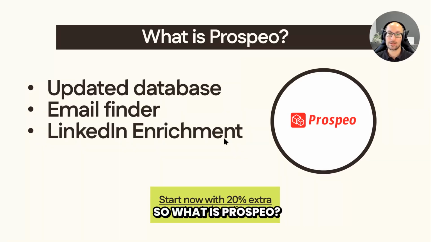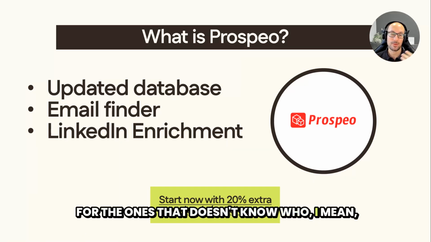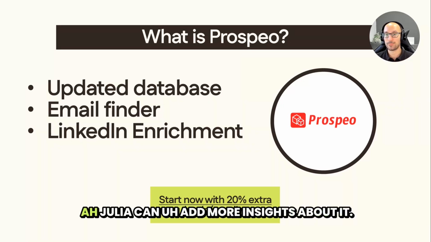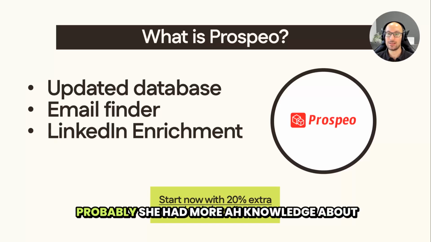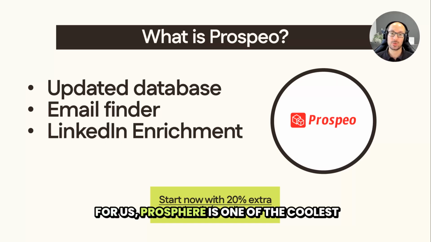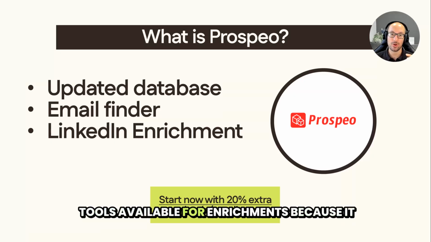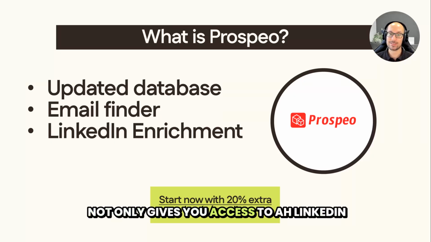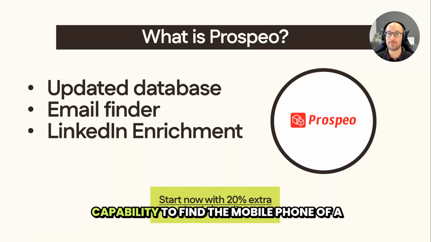So what is Prospero? For the ones that don't know, I wanted to introduce you to Prospero. Julia can add more insights about it. Probably she has more knowledge about new features that I might not mention. But for us, Prospero is one of the coolest tools available for enrichments because it not only gives you access to LinkedIn data, because you can enrich LinkedIn profiles using Prospero, but it's also a great email finder, and it has the capability to find the mobile phone of a lead.